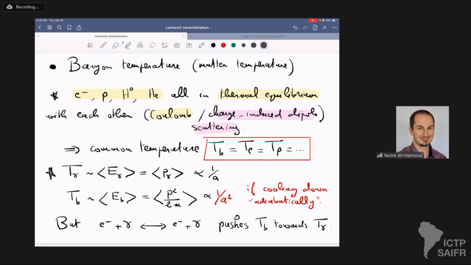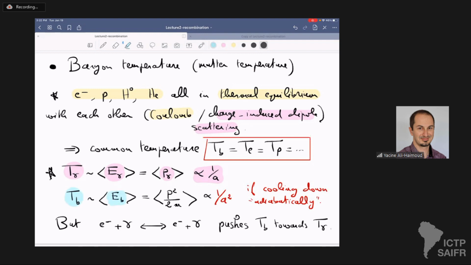All right. Now, if I consider the effect of the expansion of the universe on the temperature of photons, the temperature of photons is nothing but the characteristic energy of photons with just some constant numerical prefactor in front of it. And photons have an energy which is equal to their momentum. And as we said yesterday, this decays as 1 over the scale factor of the universe. On the other hand, the temperature of baryons is also the characteristic energy of baryons.